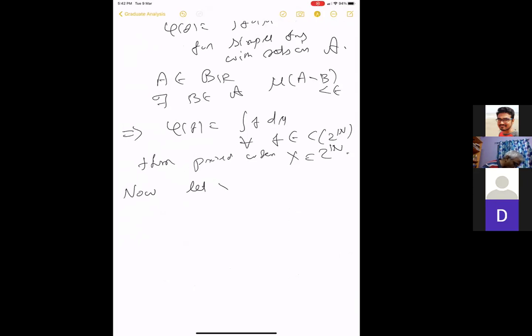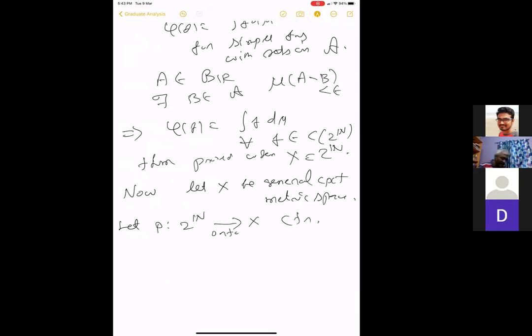Now, let X be a general compact metric space. Then let p from the Cantor set onto X be continuous. We have that X is a continuous image of a Cantor set.